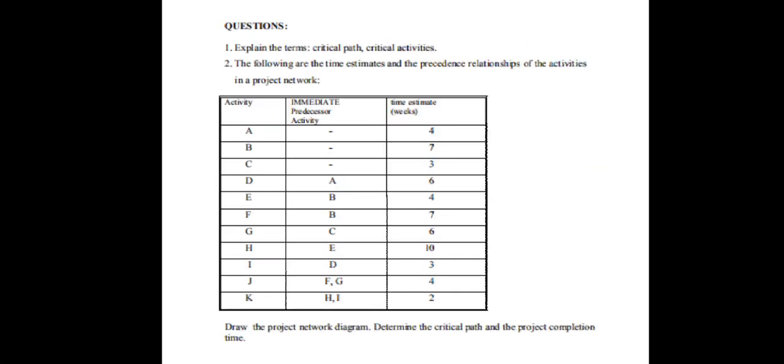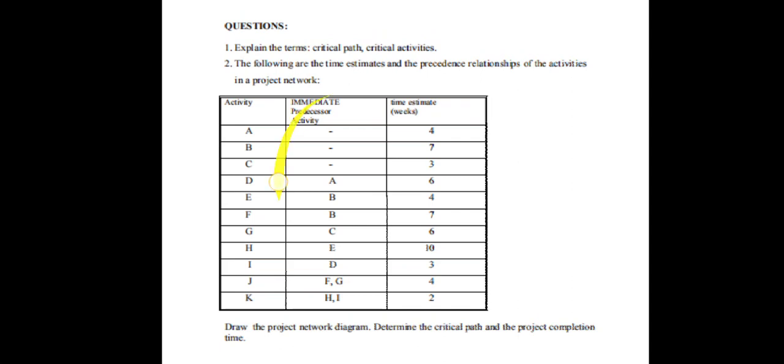And there are some questions given for practice. Explain the terms critical path and critical activities. What is the critical path? I have explained it already in the first slide. And critical activities are those activities that come under the critical path. And the next question: the following are the time estimates and predecessor relationships of the activities in a project network.